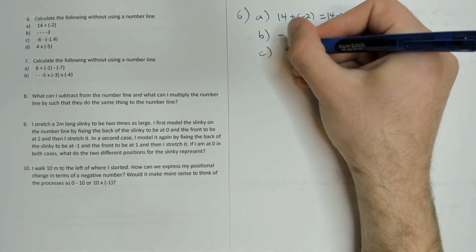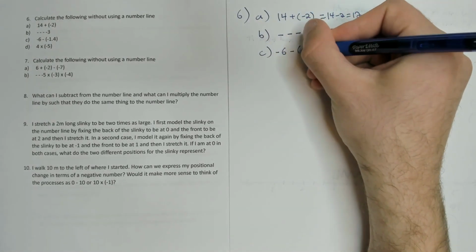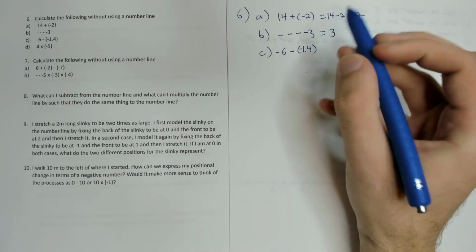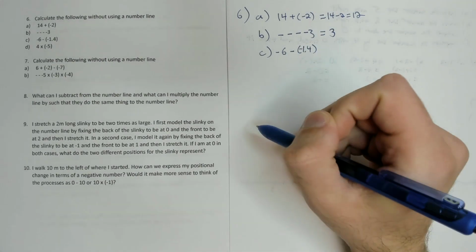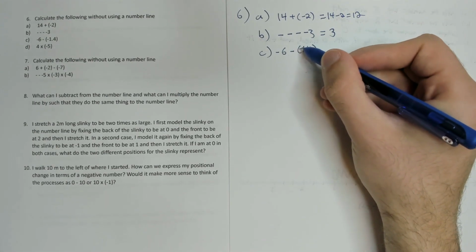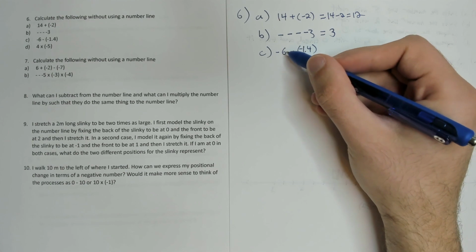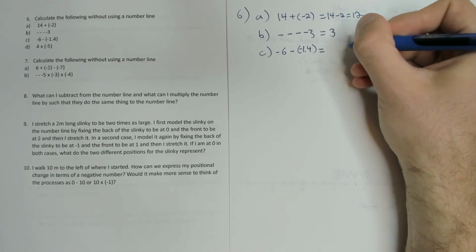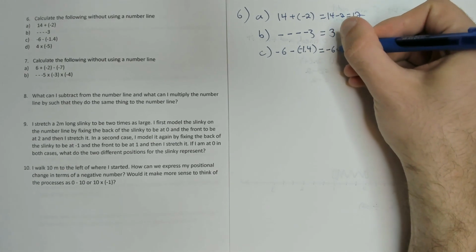All right, part C, we have negative 6 minus negative 1.4. Okay, well, what is subtracting a negative the same as? Well, subtracting a negative means we're moving left, but in the negative direction, which means we're actually moving right, so that's the same as addition, right? So negative 6 minus negative 1.4 is actually negative 6 plus 1.4.